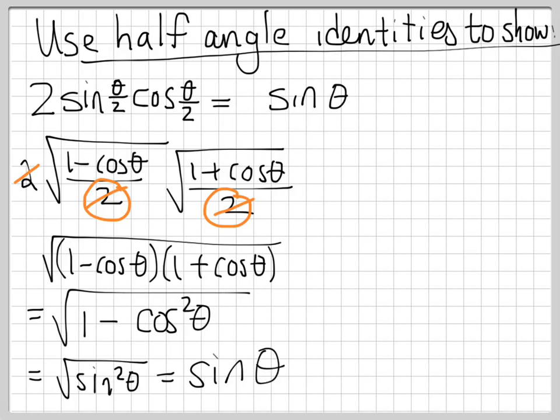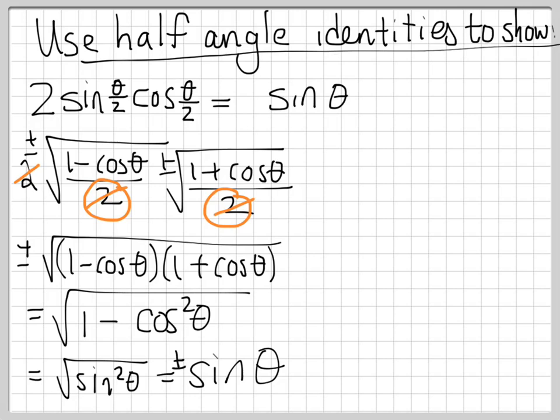Now, there's a couple of things that I've ignored here. One is the fact that there's all these plus or minuses flying around. And so at the end of the day, you still have a plus or minus flying around.